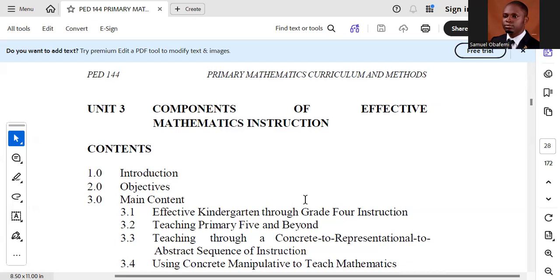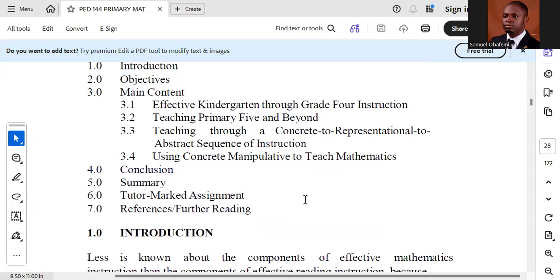To start with, you should note that the unit is simply going to teach us how mathematics should be taught, especially taught effectively, and also how primary school pupils respond to the teaching of primary mathematics.